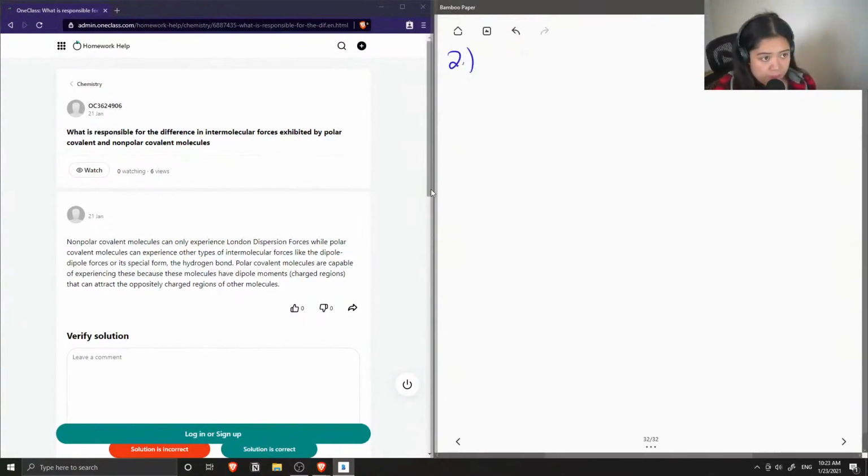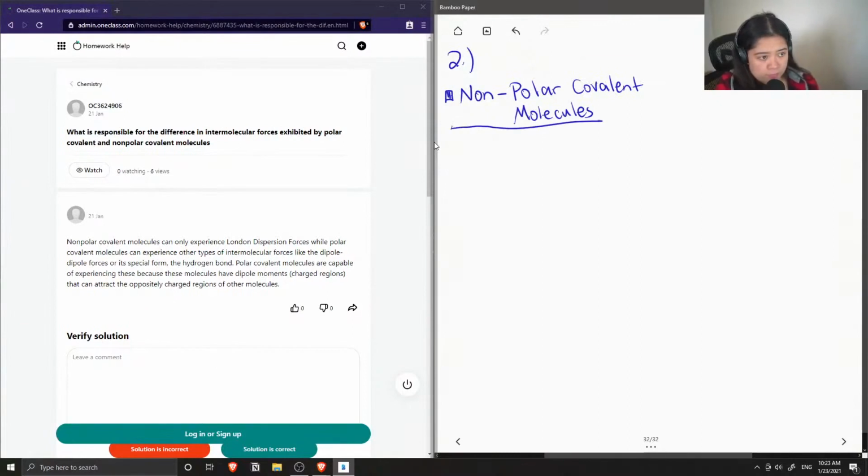Okay. So for nonpolar covalent molecules, they only exhibit something known as London dispersion forces.